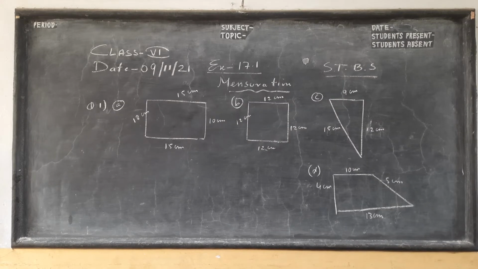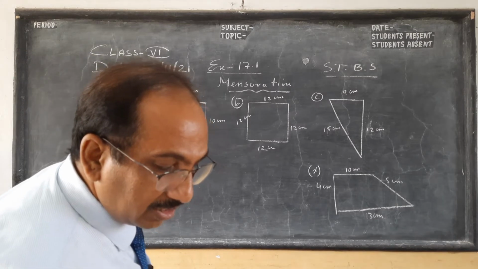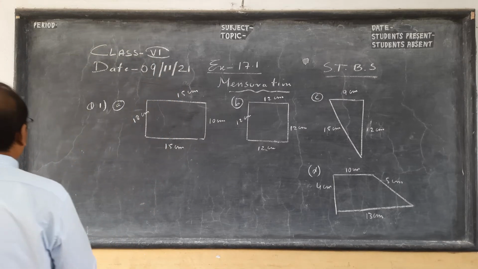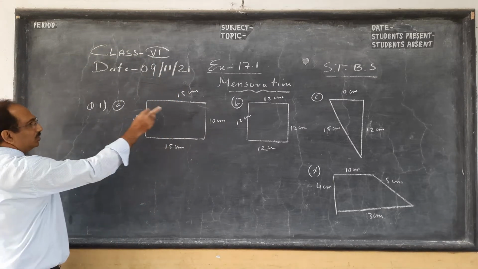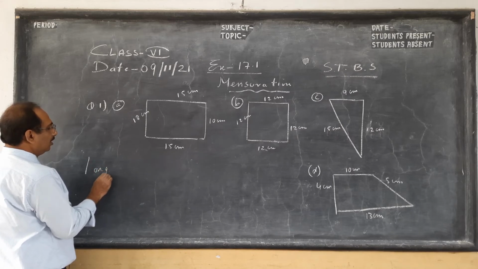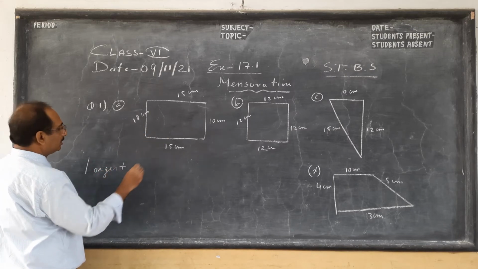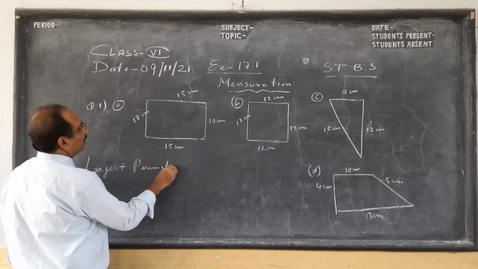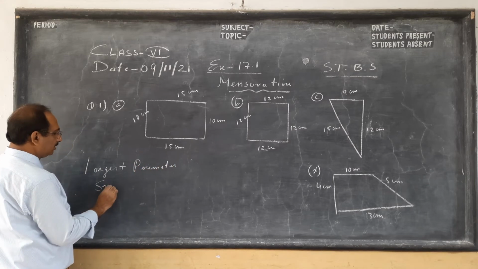So we take one last question to clarify the concept which we have learned. Here the question is: find which figure has the largest perimeter and the smallest perimeter. So we have to see A, B, C, D. 4 figures are given. Which has the largest perimeter and which has the smallest?